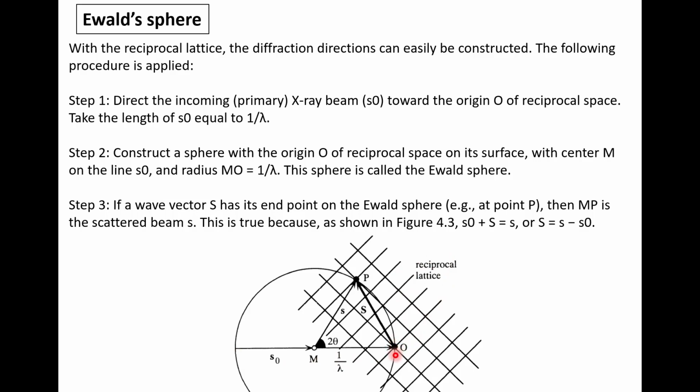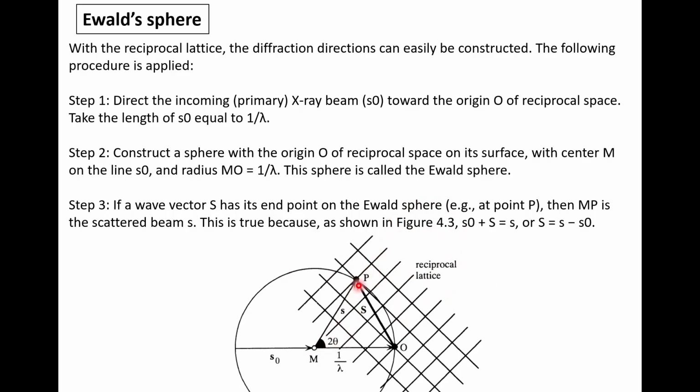You take that as your origin, and you construct a sphere by taking 1 by lambda as the radius from the object. You will see that there will be another point where this Ewald sphere cuts the reciprocal lattice, that is this point P.